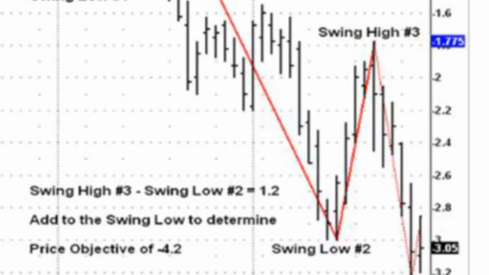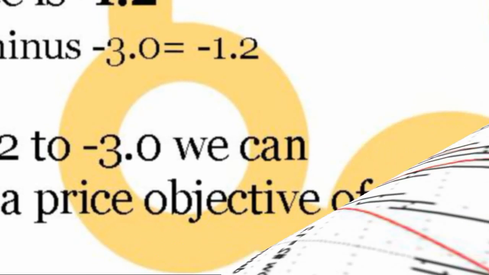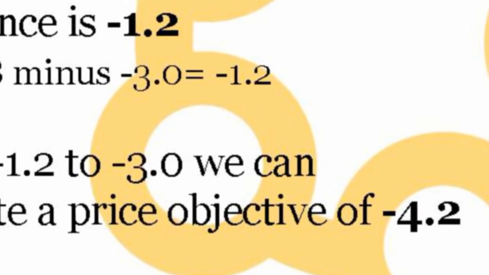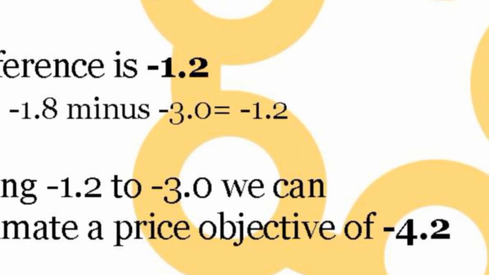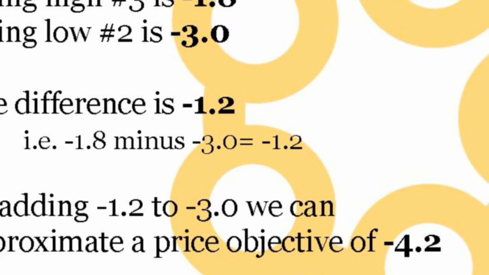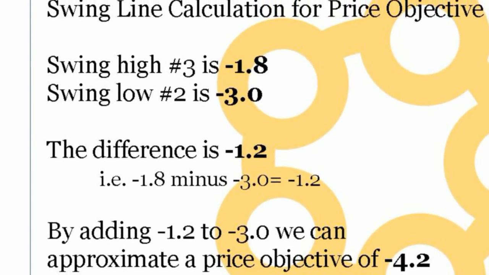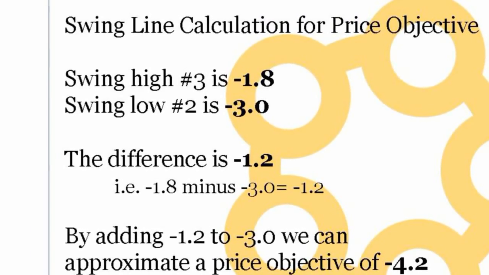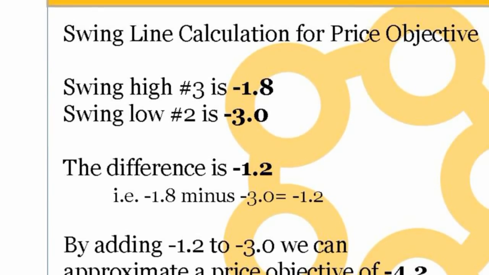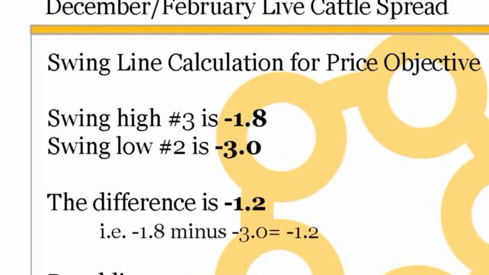We used the same technique to enter this trade and are still acting within the seasonal time frame for this spread to widen further in price. We can now anticipate a new price objective of minus 4.2 based on our price projection method. Regardless of whether you entered this trade once or twice, the approximate points gained was 1.8, or a profit of around $720.